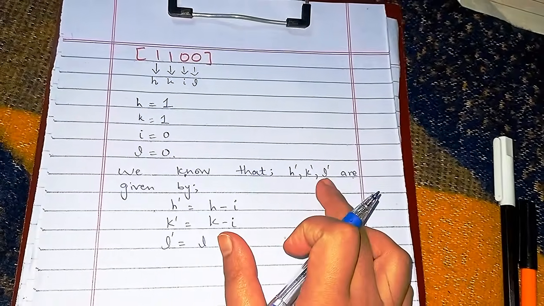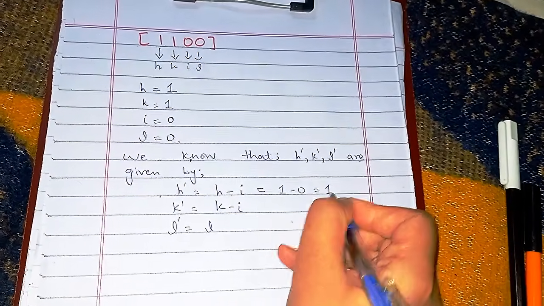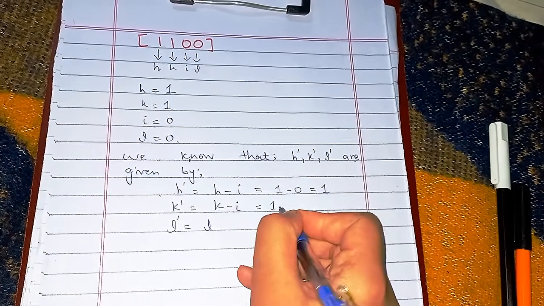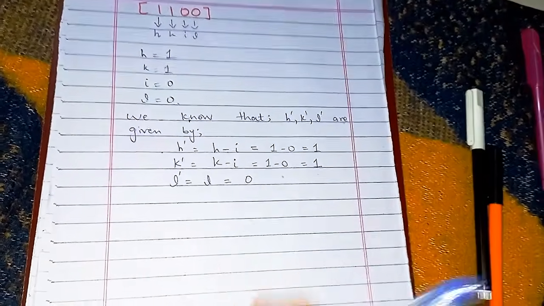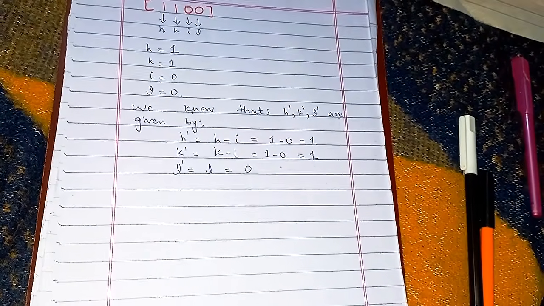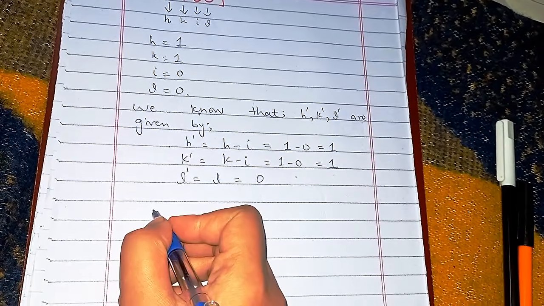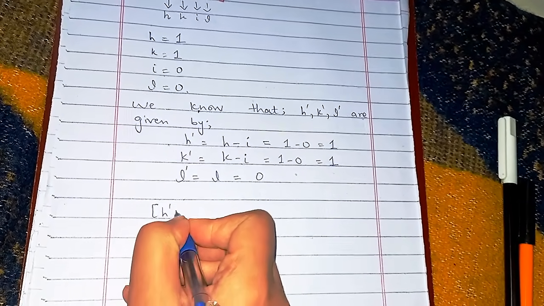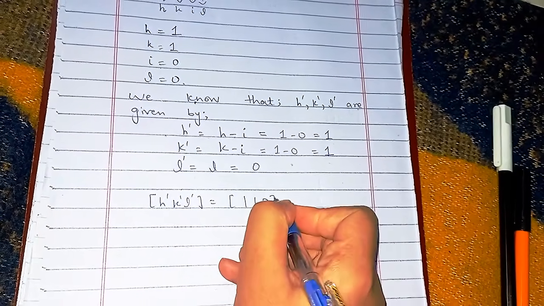H prime, K prime, and L prime are the Miller indices. H is 1, I is 0, so 1 minus 0 equals 1. K is 1, 1 minus 0 equals 1. And L is 0. So we have 110 as the Miller indices. H prime, K prime, L prime equals 110.